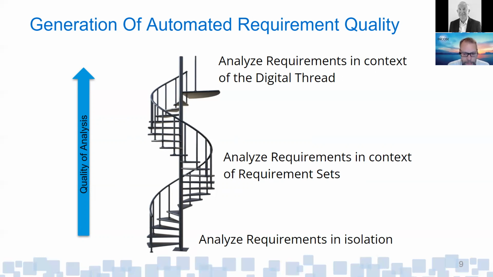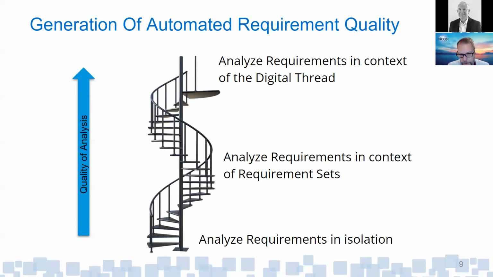So we started with an approach where we could analyze requirements taken separately, and that helped a little bit. I wouldn't say that it got exactly to where we wanted. So after a while, we enhanced it with analyzing requirements also in the context of the requirement set, so we could look at more consistency within the set.